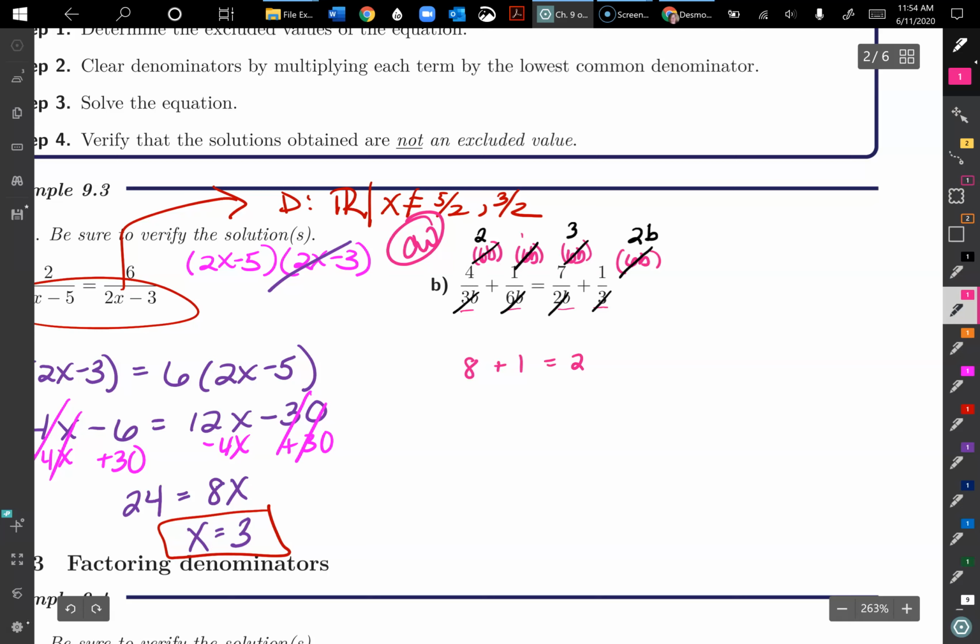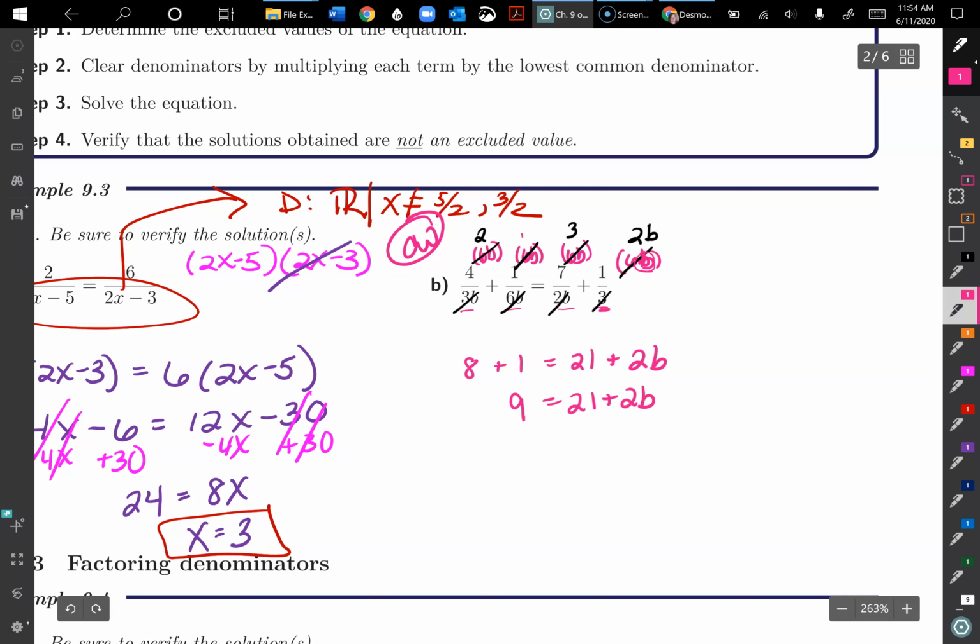Equals my 21 plus 2b. Okay, so just to clarify, this b doesn't cancel out because that one only has a number, so I need to have a b left in there somewhere. And this will simplify here to 9 equals 21 plus 2b.